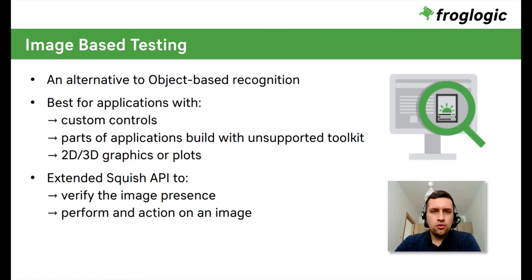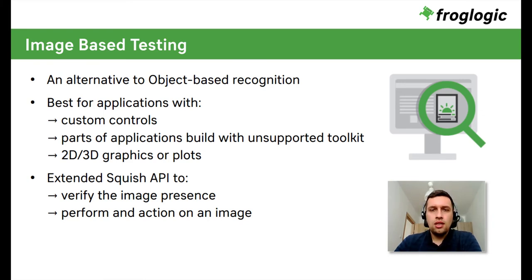In those cases for which object-based recognition is not suitable, the Squish GUI tester offers an image-based recognition approach. Image-based testing is best used for applications with custom controls, or applications built with unsupported toolkits for which object properties are not available.